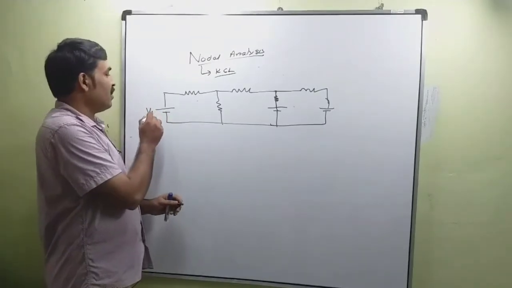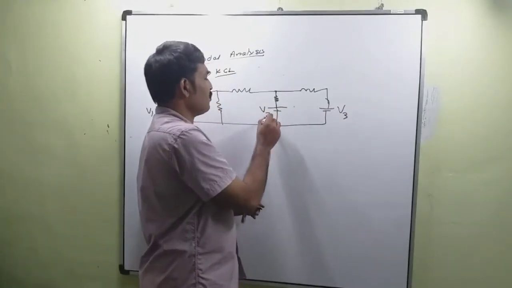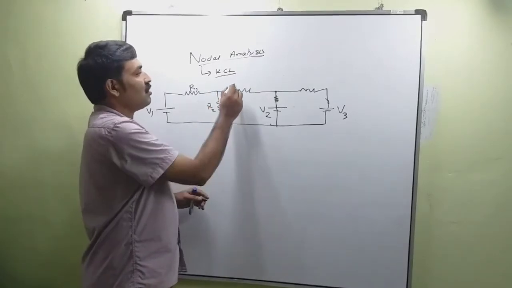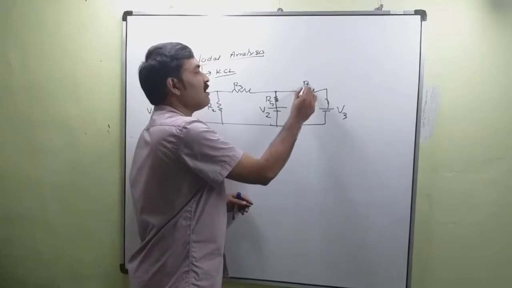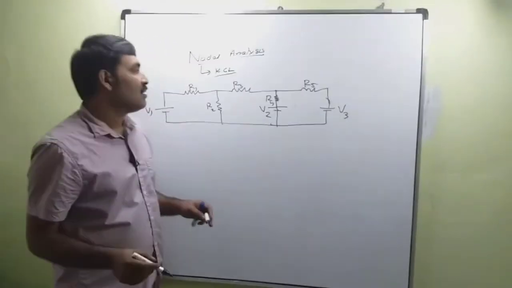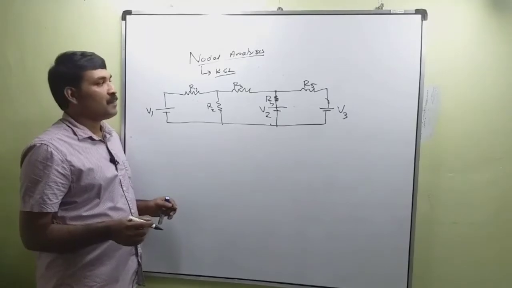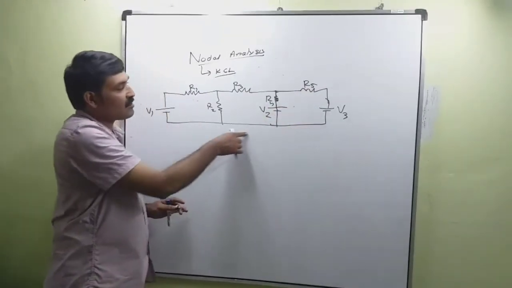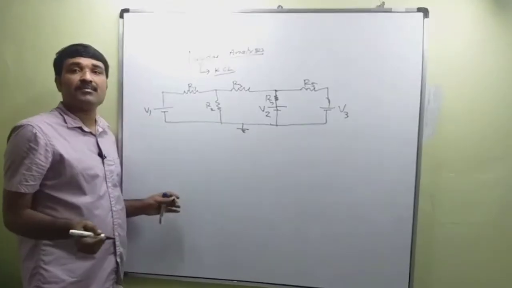Let these be V1, V3 and V2. The resistances may be R1, R2, R3, R4 and R5. Now, how many nodes do we have? This is node 1, 2, 3, 4, and this is our reference node.